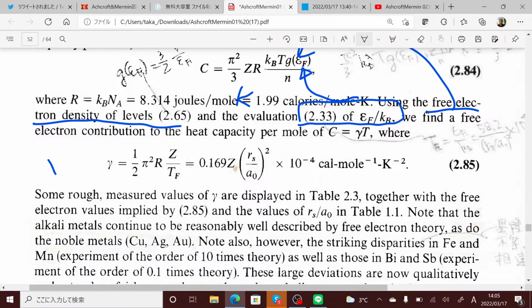We find a free electron contribution to the specific heat capacity per mole of C equal gamma T, where gamma equals one half pi squared R over T_F, which equals 0.169 times R_s over a_0 squared times 10 to the minus 4 calorie per mole per Kelvin squared.